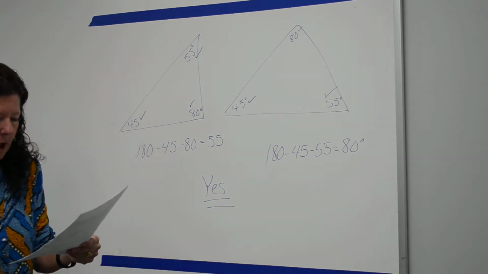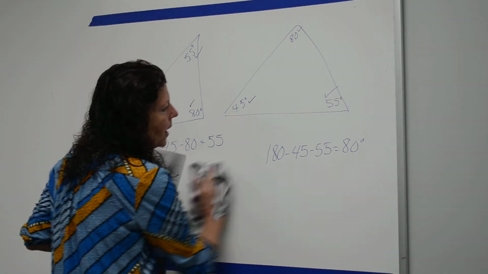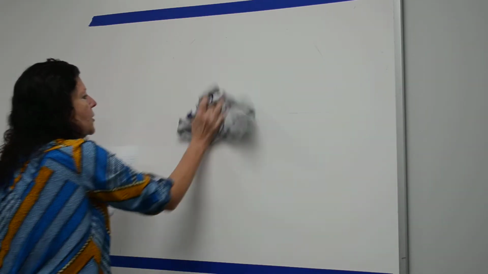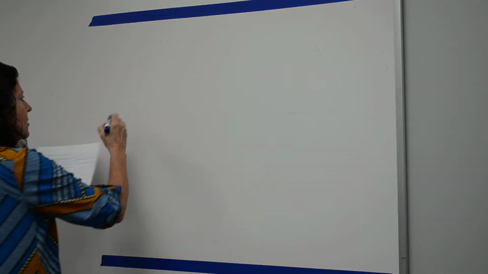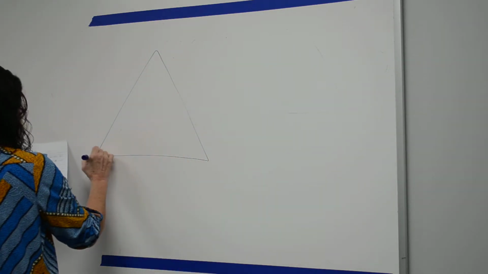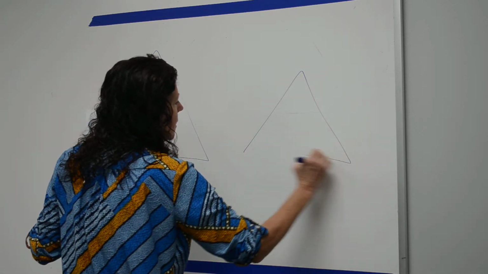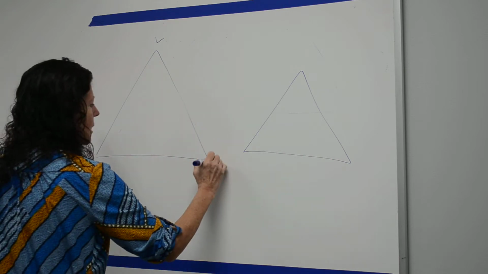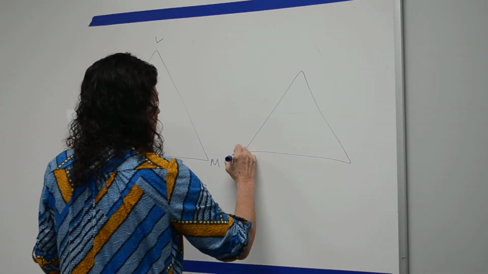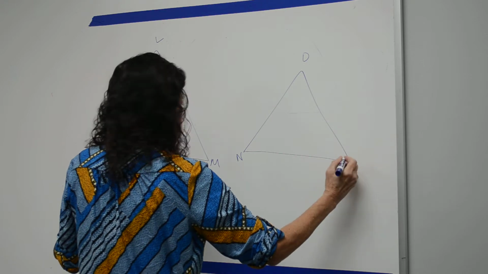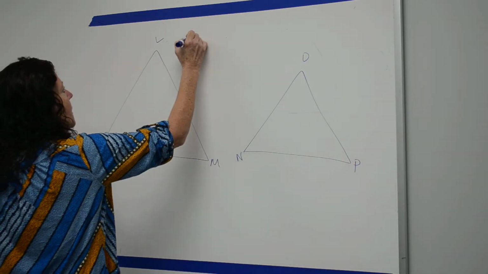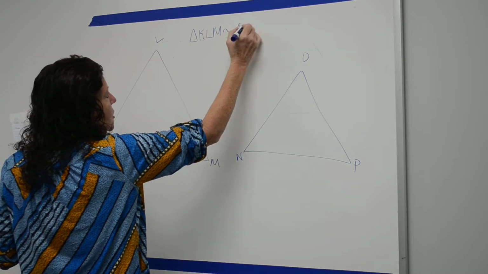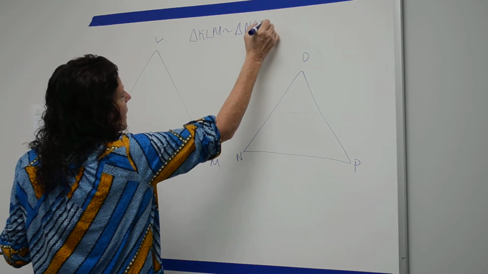Okay? Now let's do one more problem out of 11.6. This was lower on that page of your homework, and what you had was two triangles, and they had them all marked with letters. And then they told you that triangle KLM was similar to triangle NOP.